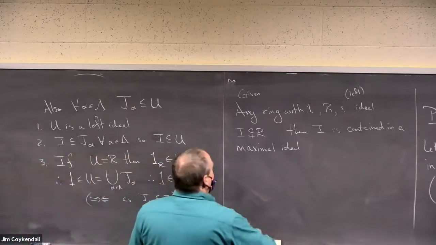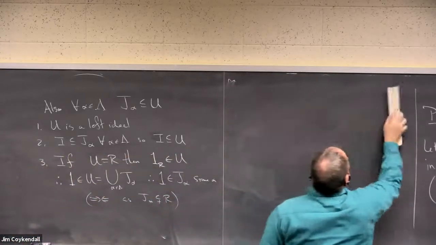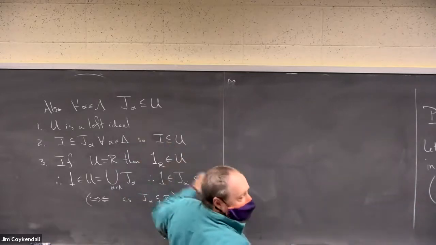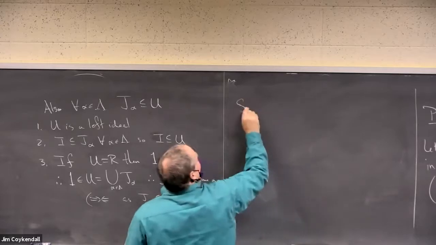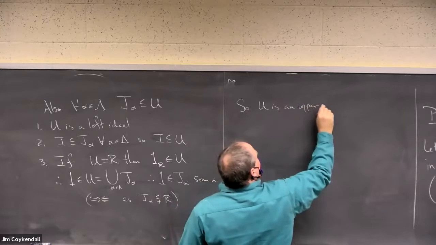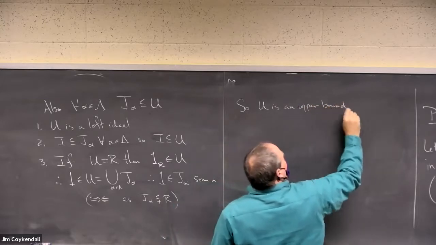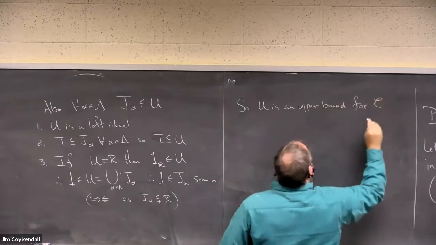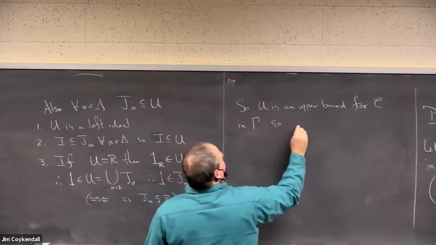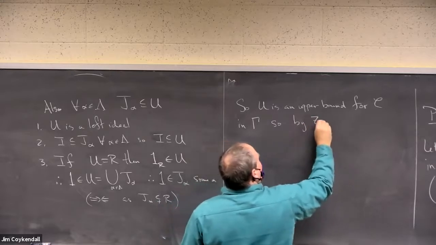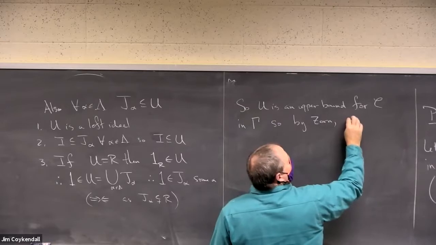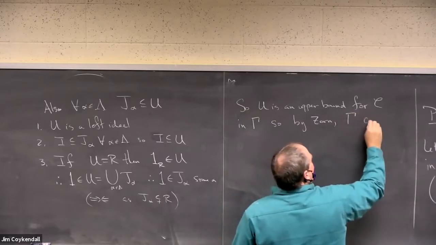So, where are we? We know that U is an upper bound. We know that U is in gamma. And so, by Zorn, gamma contains a maximal element.